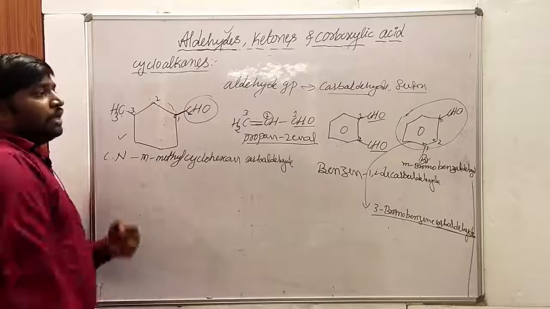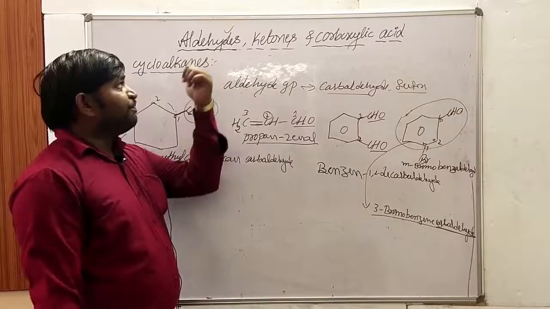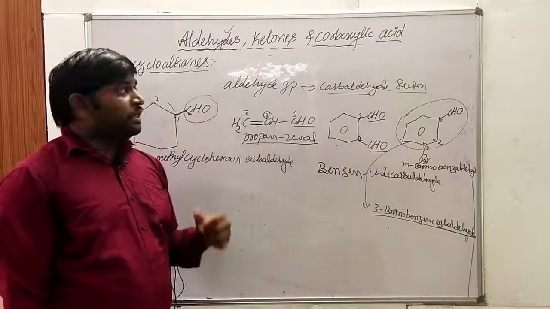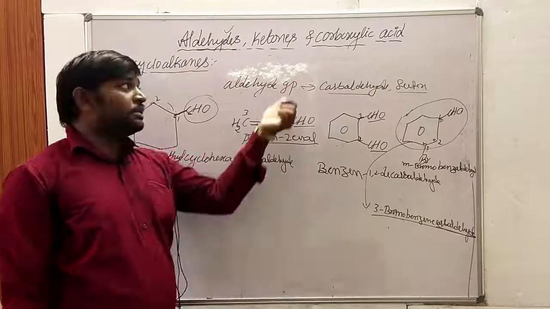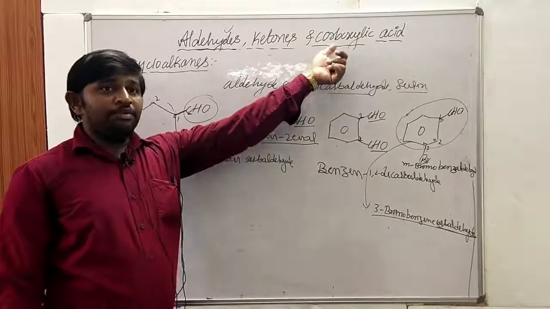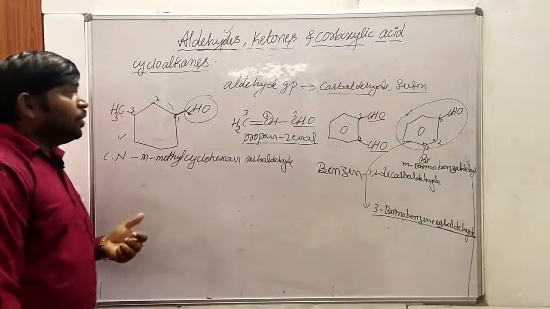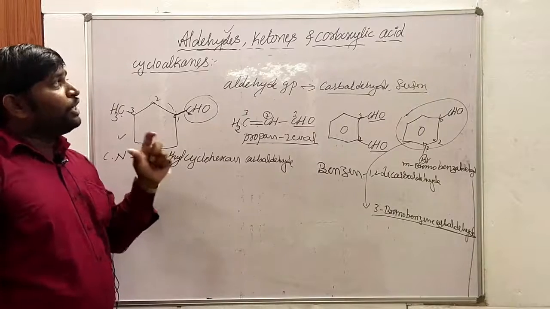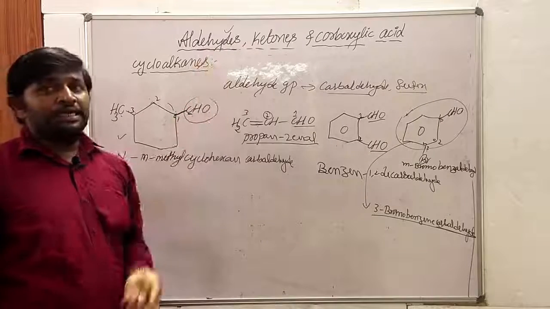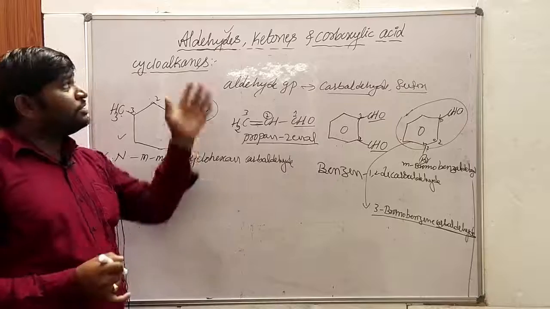So this is all about the common names and IUPAC nomenclature for aldehydes and ketones. In the next concept, let us discuss carboxylic acids. There also we will discuss the IUPAC names and common names of these compounds, and in the next class let us go for the discussion of important preparations of aldehydes and ketones. What are the important preparations of aldehydes?